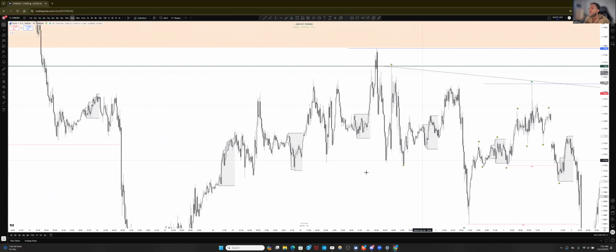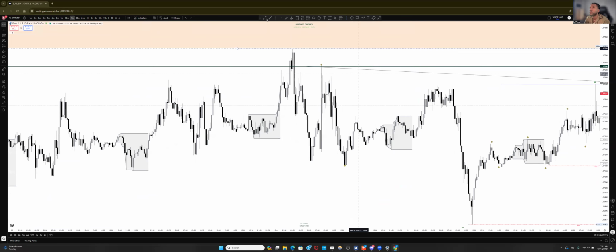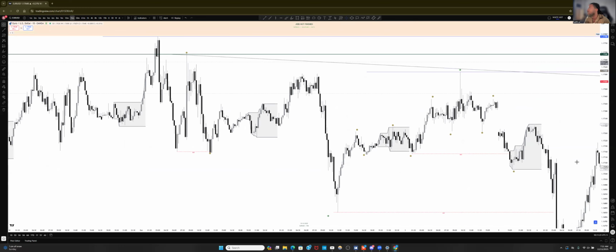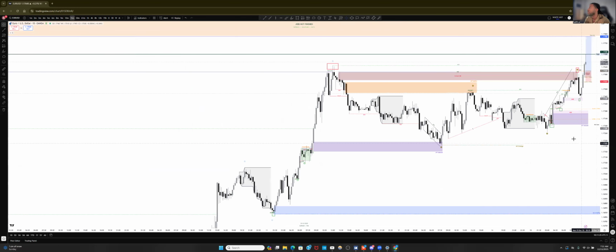Did it break anything significant? Maybe, I guess we could say this low. And then price came back up, retest, and then respected to break it down again. So this could be a medium inducement for EU.